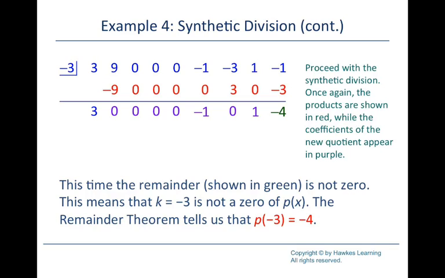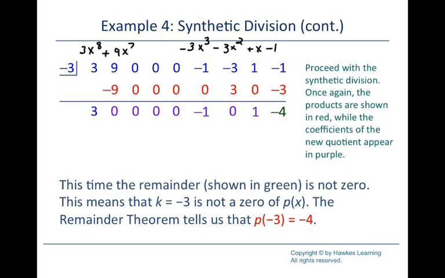And the way you would do that, if you wanted to see an example of that, is we'd have to go back. Our original equation, I can get it from up here, was 3x to the 8th plus 9x to the 7th, minus 3x cubed minus 3x squared plus x minus 1.